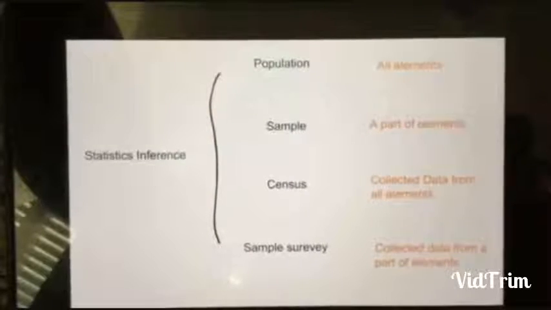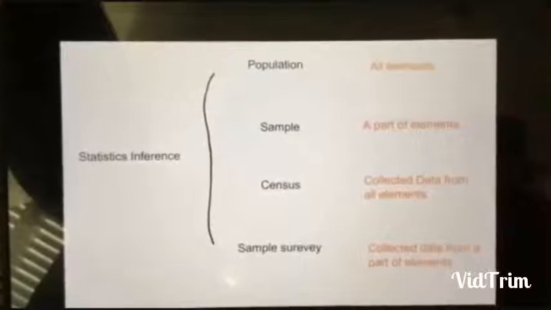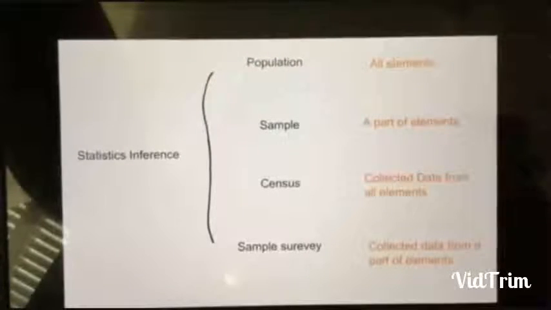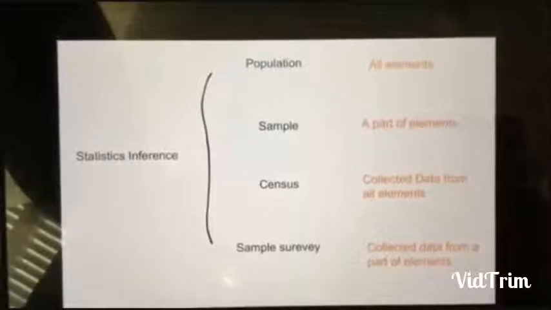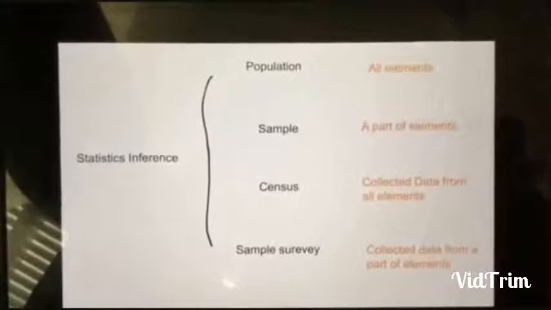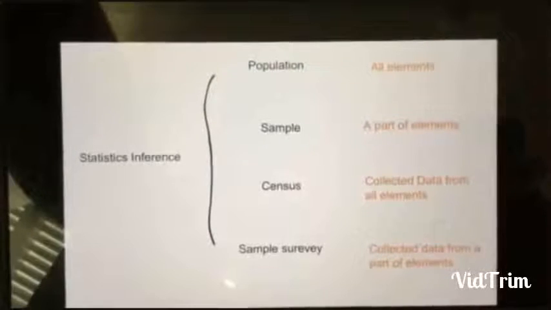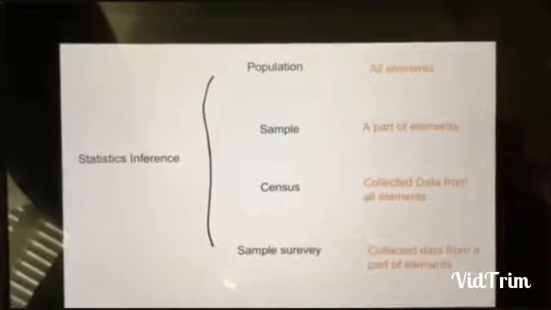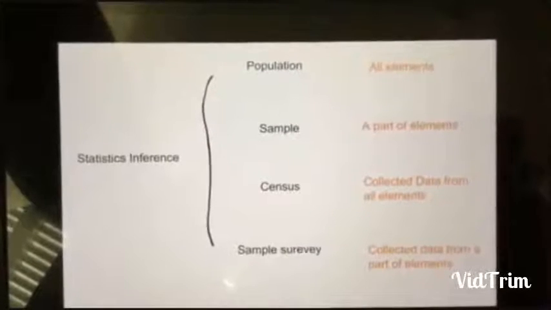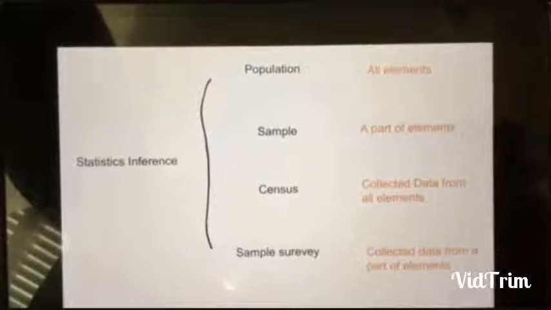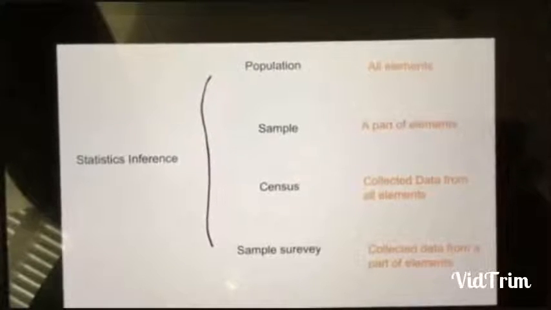We may collect 1,000 people's answers, and 800 of them like noodles, which means 80% of them like noodles. So we can infer that in Bangkok around 80% of the population like noodles. The process of inferring the characteristics of a population from sample data is called statistical inference.